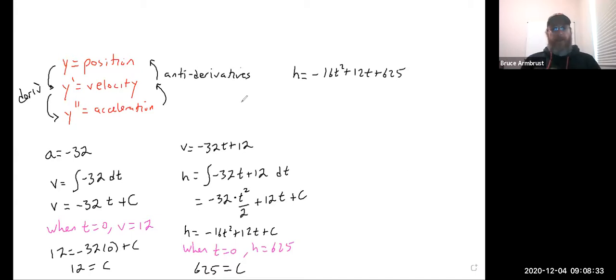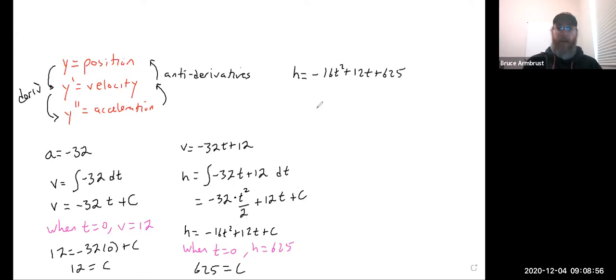All right, well, while we're here, let me talk about a couple things. First of all, you can totally generalize this, right? So instead of having a specific acceleration, where we're saying gravity is minus 32 feet per second, pulling it down, you could allow for anything.